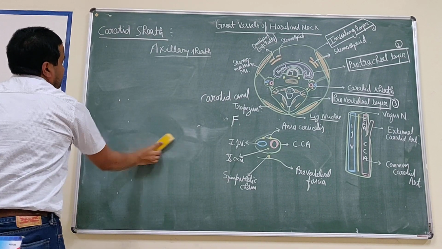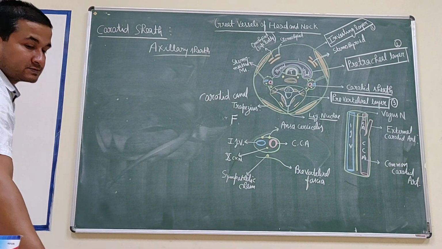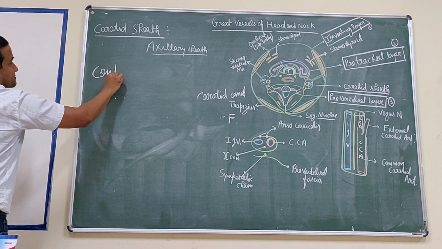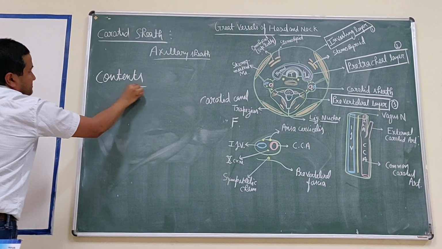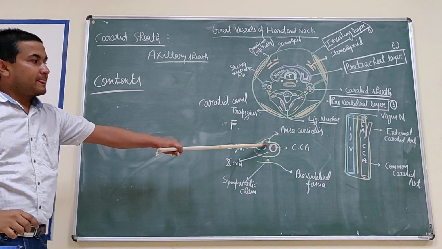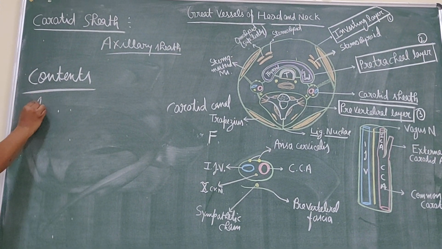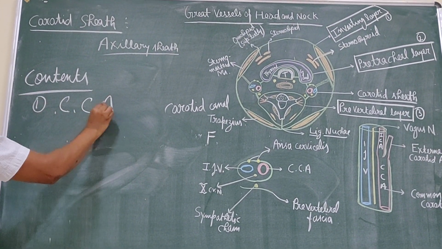Now, the contents. We see in this diagram, this carotid sheath encircles the common carotid artery, the CCA.